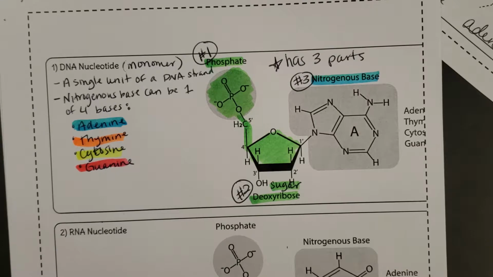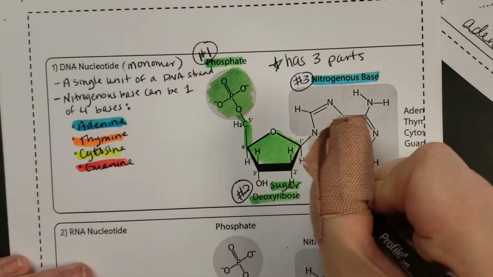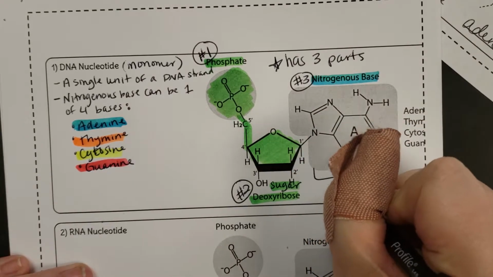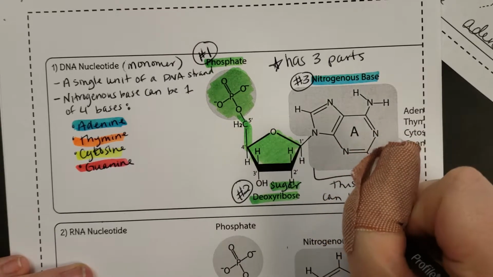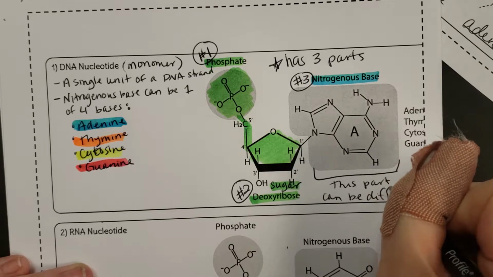That's a pink. Okay, so those are our 4 bases that go with DNA. Now, under here, we'll mark that this part can be different, or differ, depending on the base.